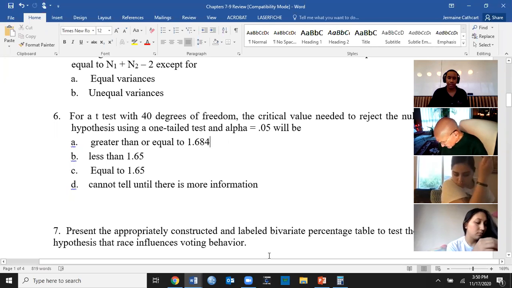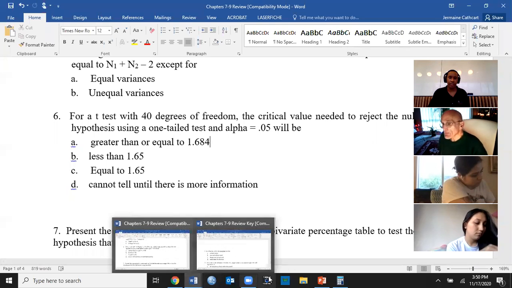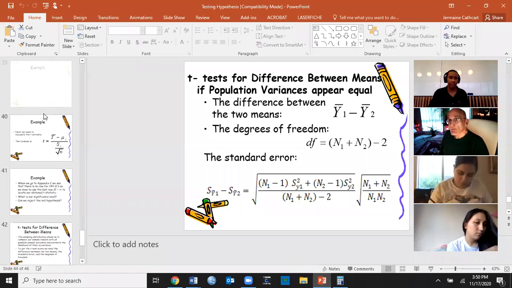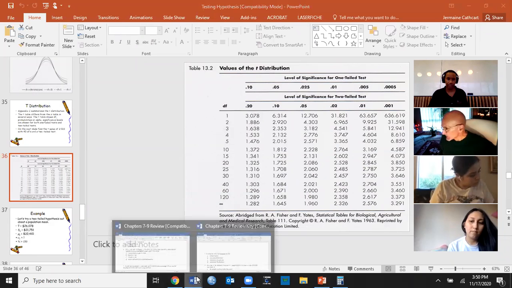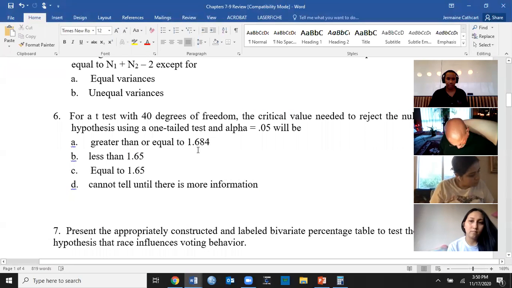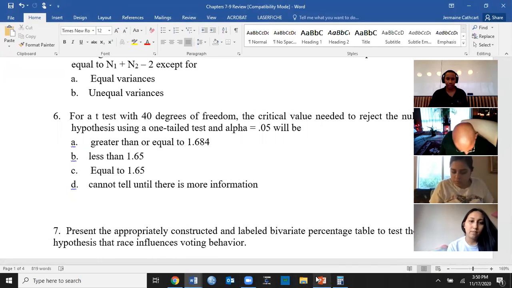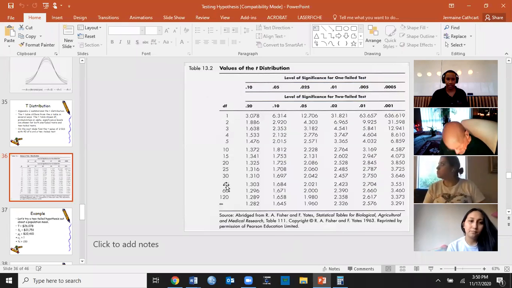So what you need the T table for this. You're going to go ahead and jump over here. The T table looks something like this. This isn't the whole T table. It's shortened for this PowerPoint. So what you do is you'd first find the degrees of freedom. It said 40 degrees of freedom. So you first find the 40 degrees of freedom. We find it here, okay?